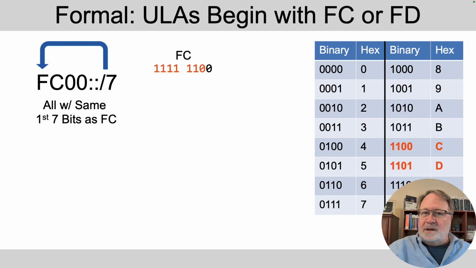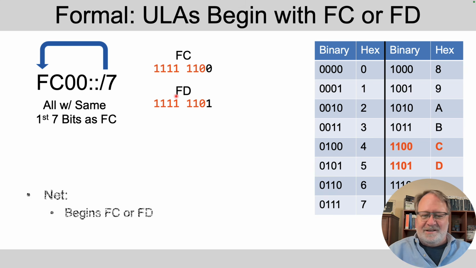So any addresses you see that begin with FC, those are EULAs, but also FD, because for FD, the first 7 bits are also 1111 110. The 8th bit happens to be a 1, but this /7 means all whose first 7 bits match this number. And so to net it out in a more familiar human phrasing, it's all addresses that begin with FC or FD. All right.